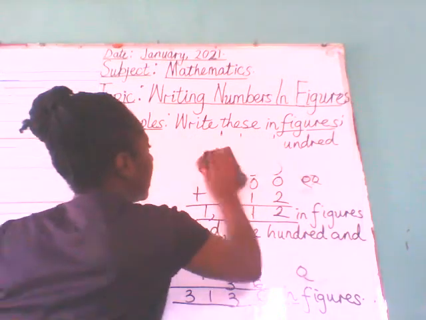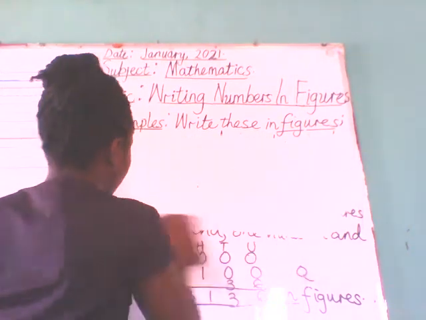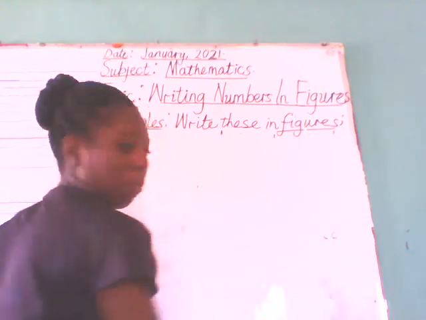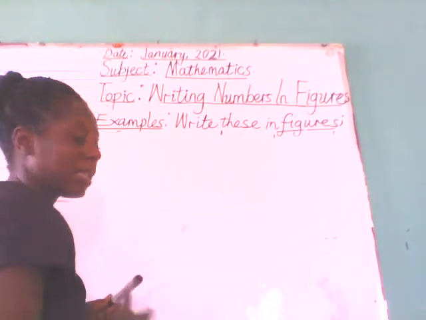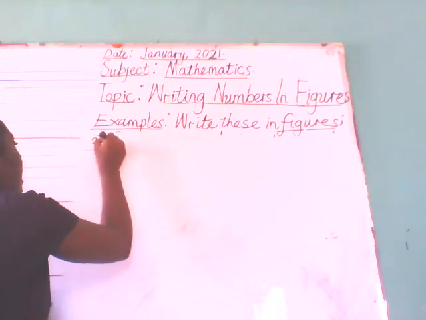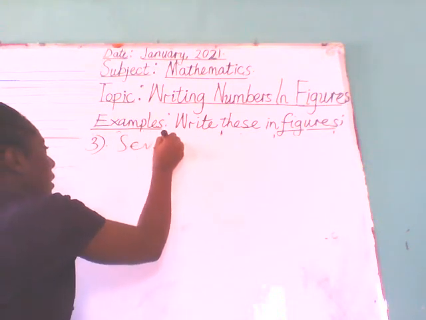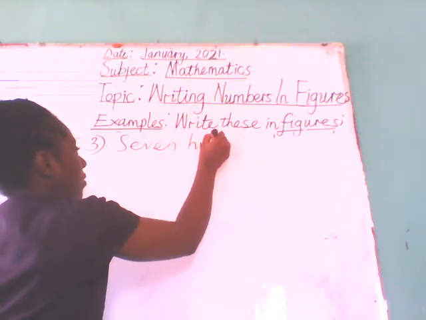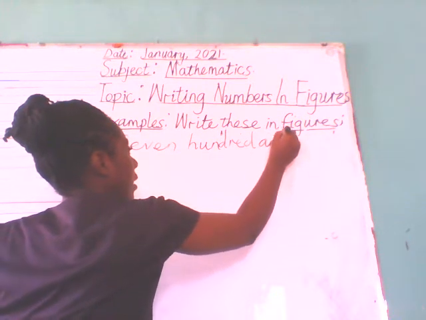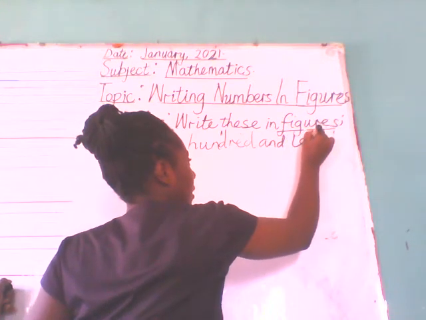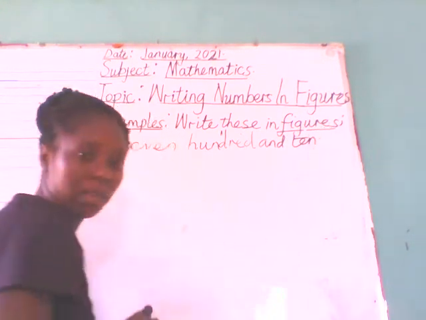Let's take the last example before we go home with something. The last example says you should write 700 and 10. 710 in figures.